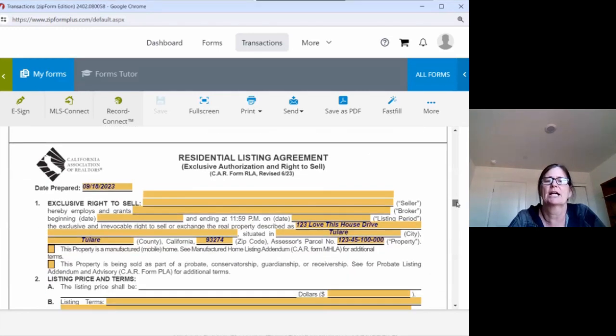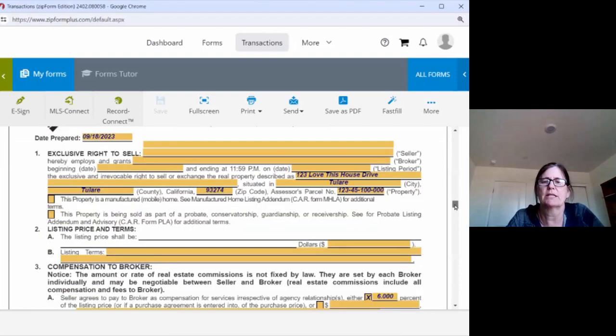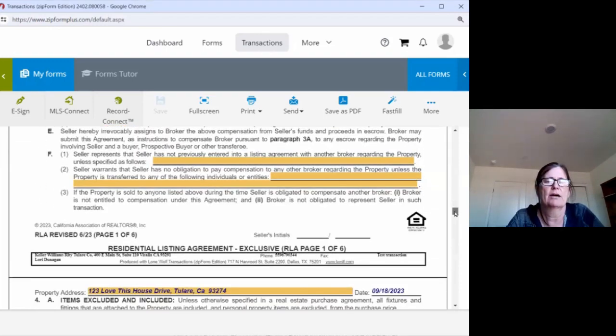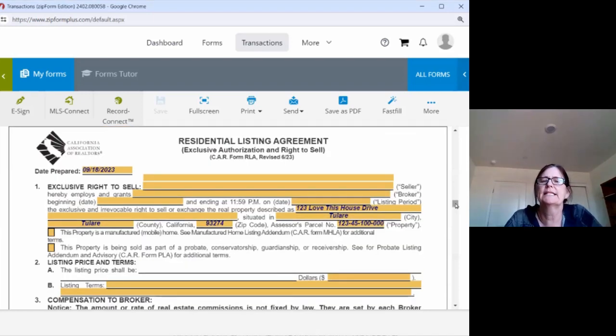And then we get into the actual listing agreement. And so the listing agreement is a total of 6 pages. The listing agreement is a contract between you as the agent, more specifically your broker, and the seller.